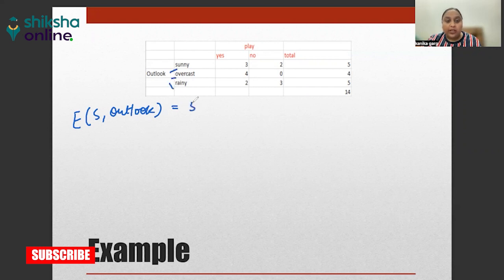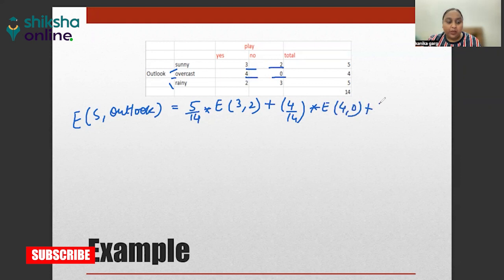So let's calculate 5 by 14, the total values are 14, into E of 3 comma 2 for these two, plus 4 by 14 into E 4 0, like for this, then plus 5 by 14 into E 2 3.